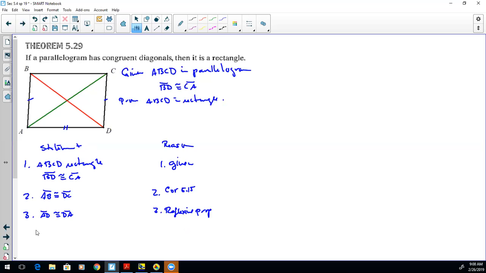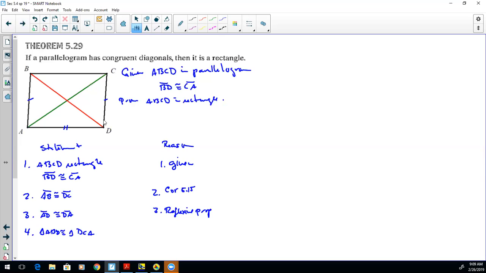Now we can do a little bit. Here is statement 4. We got a big conclusion here. Triangle ABD is congruent to triangle DCA. Let's make sure I've got things in the proper order here.